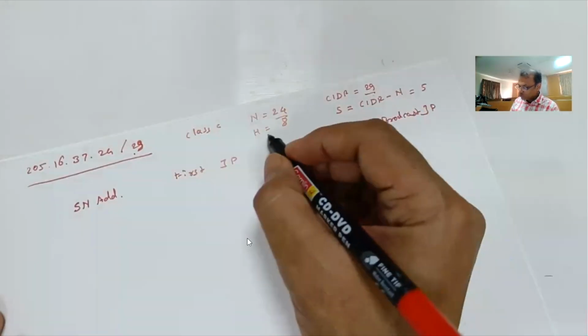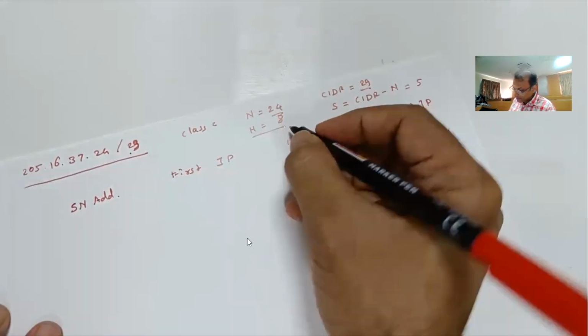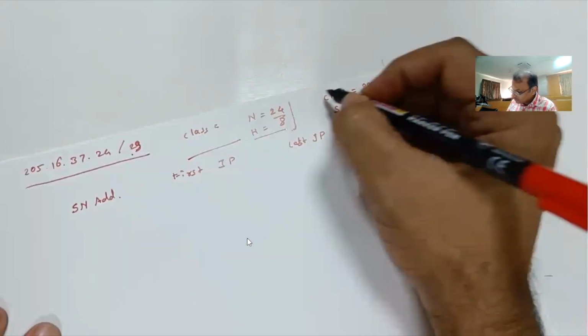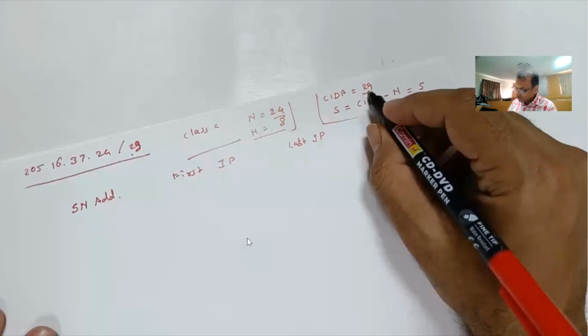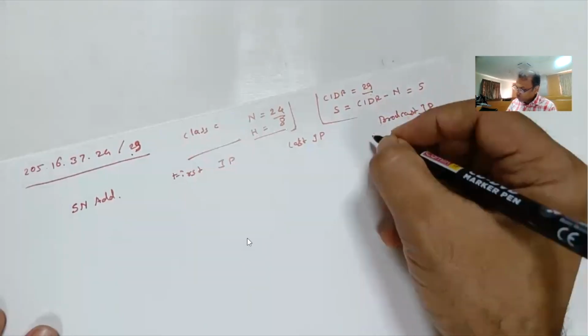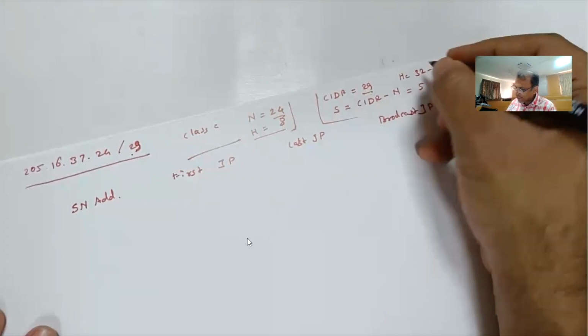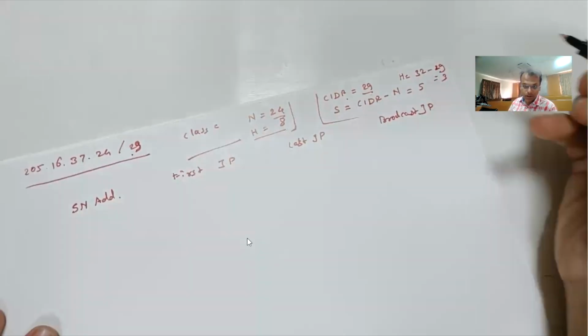Now the new host bits. What are the new host bits? These are the basic for the class C. Now we are changing the basic scheme. So as the CIDR value is 29, the number of host bits you have to calculate as 32 minus CIDR. That is 29, and it will become 3.